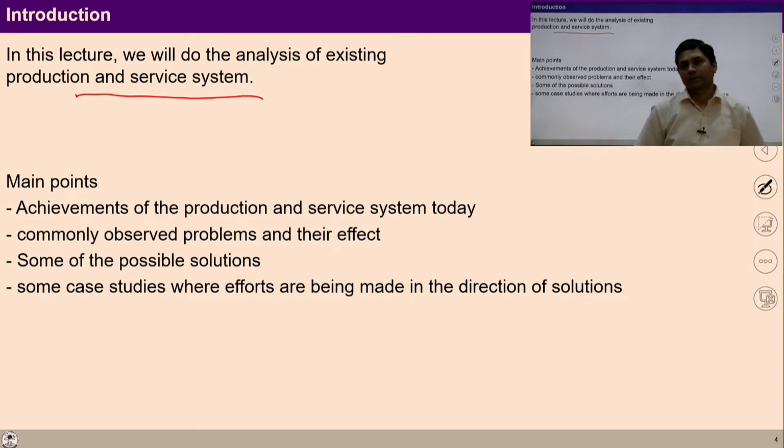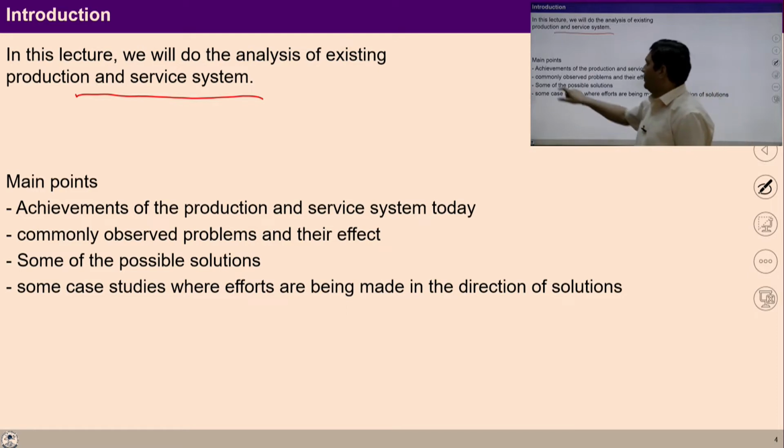In previous lectures, we talked about production, types of production, process of production, need of production, policies related to production. That is all we talked about in the previous lectures. Now we are going to analyze the existing production and service system critically.